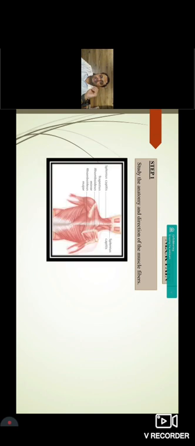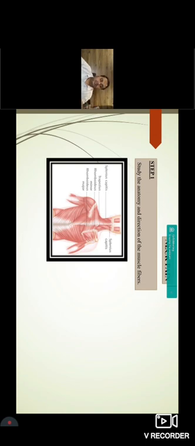So, somebody comes with neck pain. What do we do? Step 1, we understand the anatomy and the direction of the muscle fibers, right? So for the neck pain, what is involved? You have the splenius capitis, a very important muscle for extension. You have the trapezius, again very important for extension.